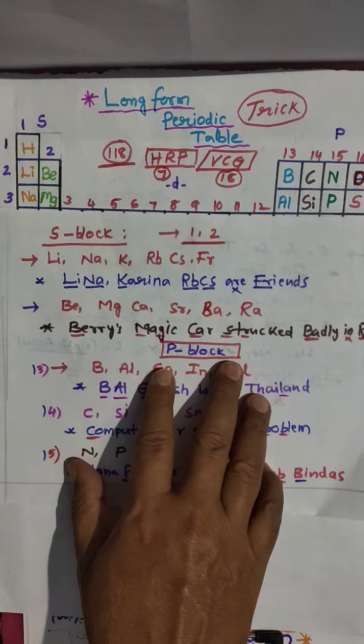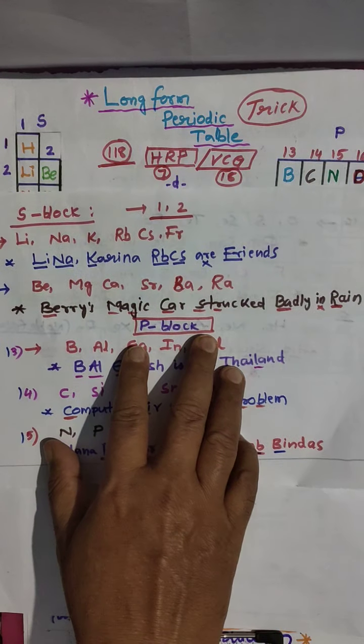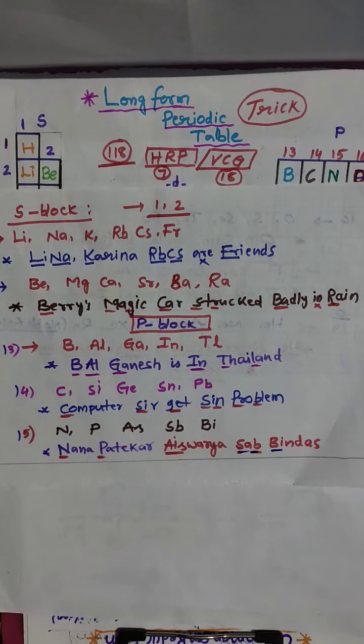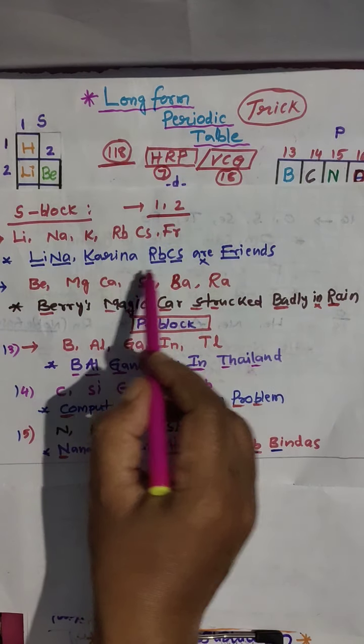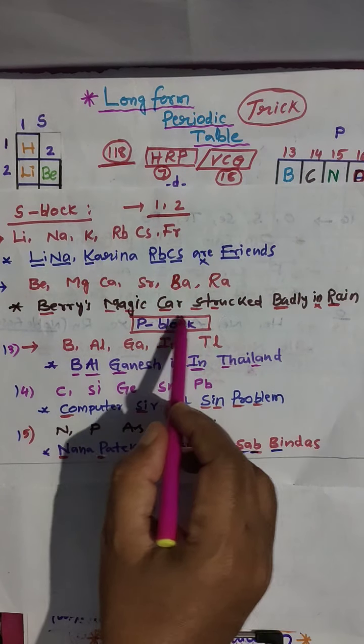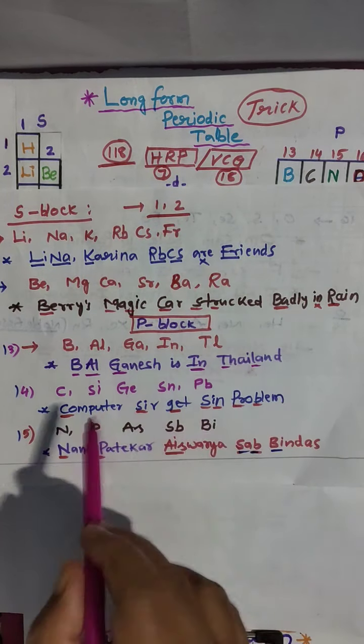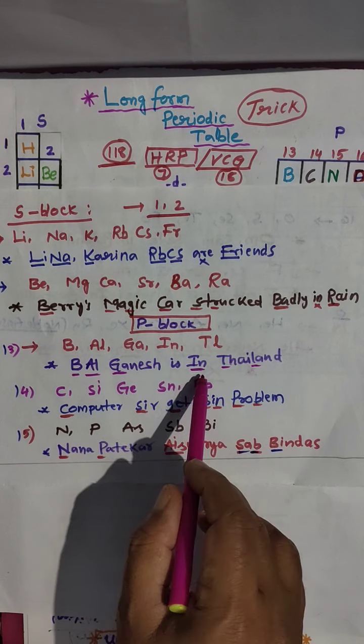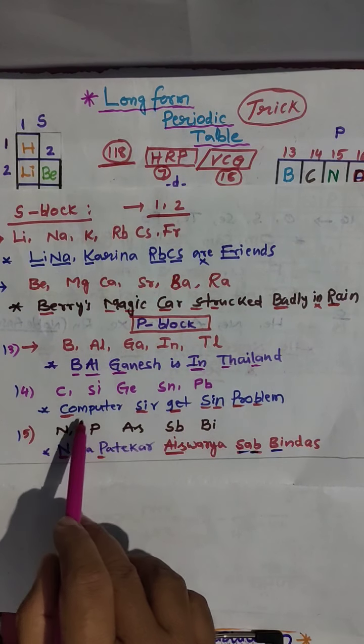And one more time I repeat. First, S block. Lena, Karina, RBCS are friends. Berry's magic car struck badly in rain. Bal Ganesh is in Thailand.